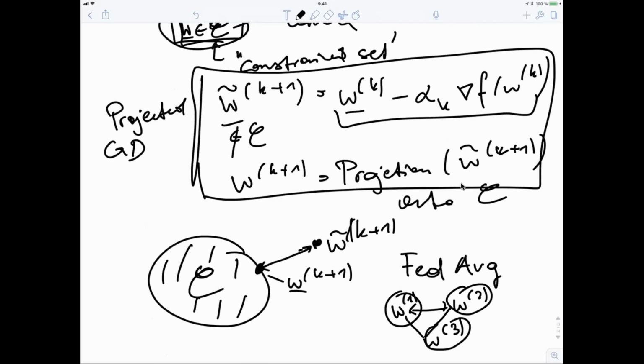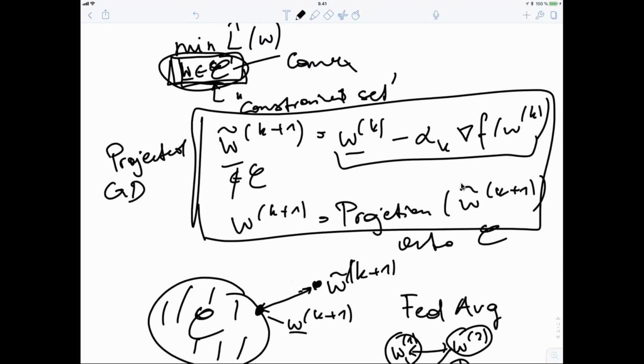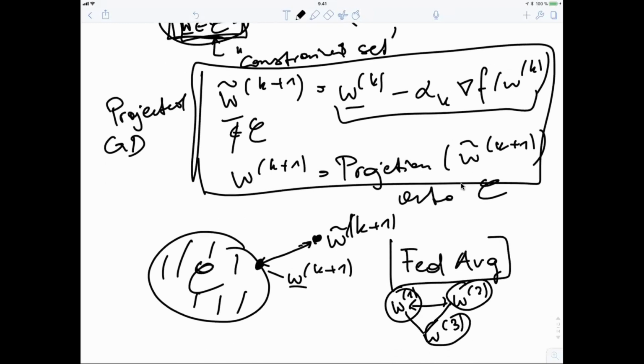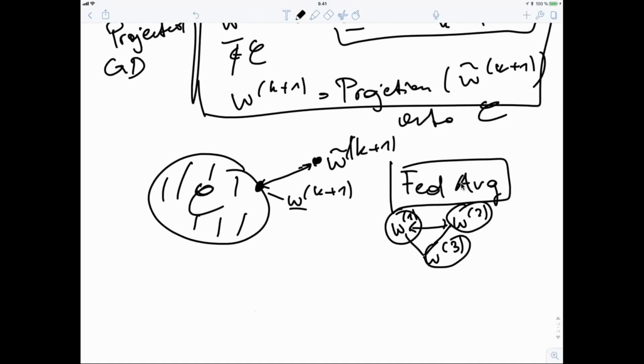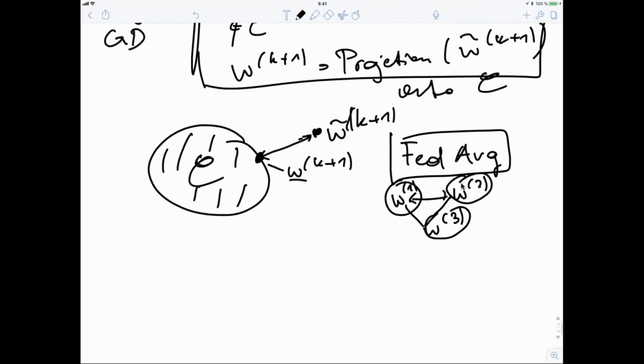Requiring them to be identical can be represented by a constraint set. So we will see that federated averaging is actually an instance of projected gradient descent, precisely one example of it.